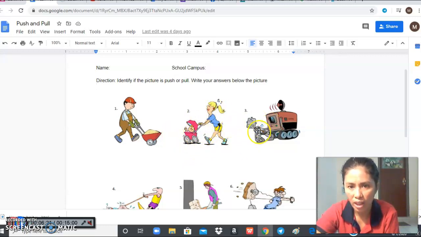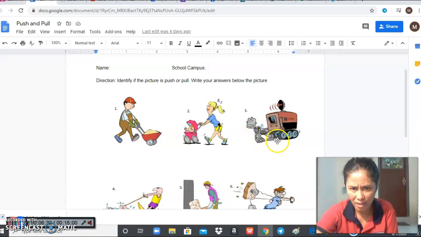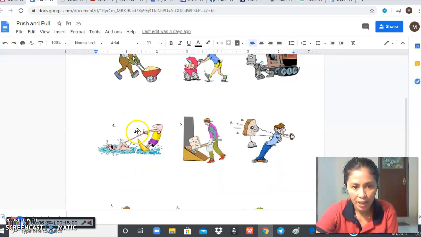How about this one? Look at the robot. The robot is pulling, right? He is trying to move this thing, and it looks so heavy. Look at his face. How about this guy? This guy is swimming and he is pulling this other guy, right? And this guy wants to put this stuff inside the door, so he is pushing. How about this one?